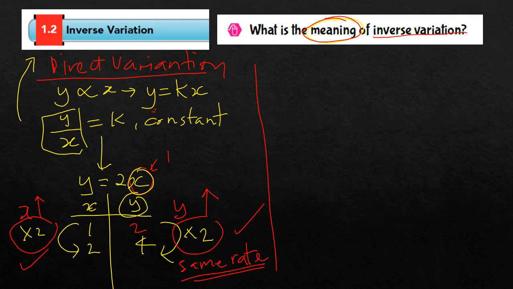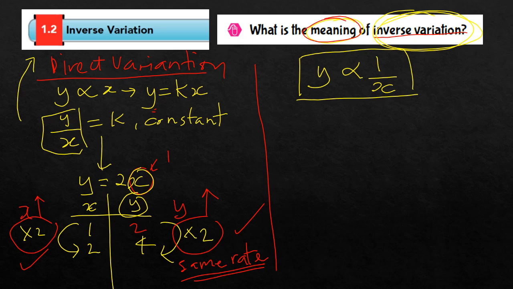For inverse variation, it is said like this: y varies inversely as x. Okay, once again, I repeat how to read this.